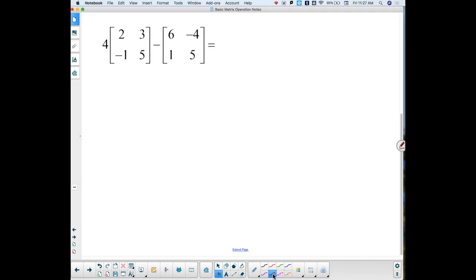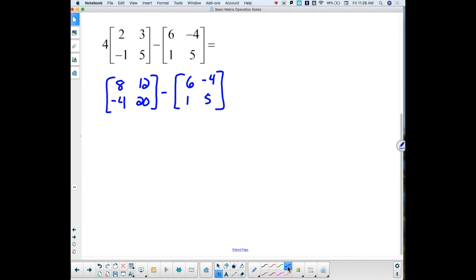Okay? But here on this one, what I'd first do is distribute in that 4, and so that would be 8, 12, negative 4, and 20 as the 4 elements of my 2 by 2 matrix. Then I would go about subtracting off the second matrix. And I'd get, so the first element would be 8 minus 6, well that's 2.